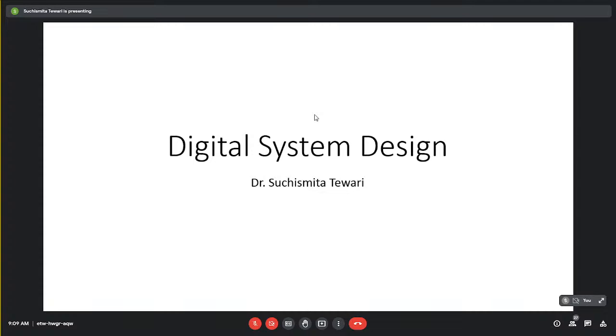So what is there in sequential circuits that we need to know about? First of all, what is it? And second, why is it?